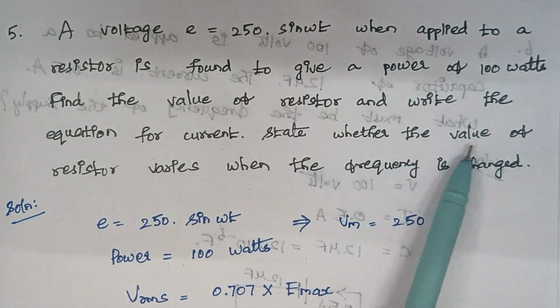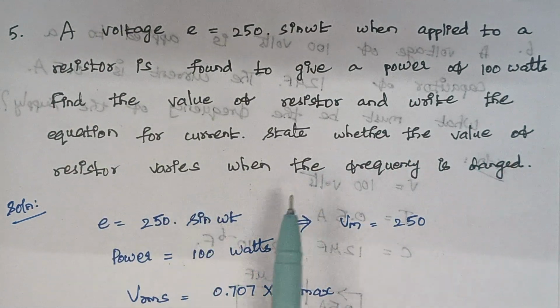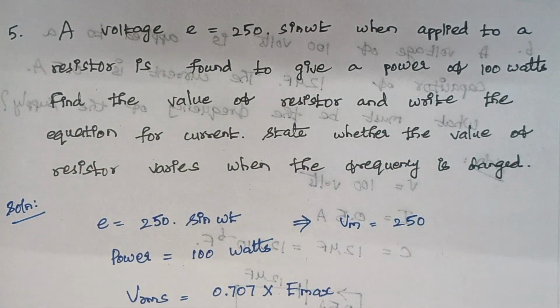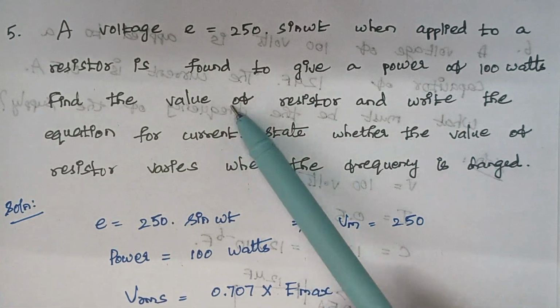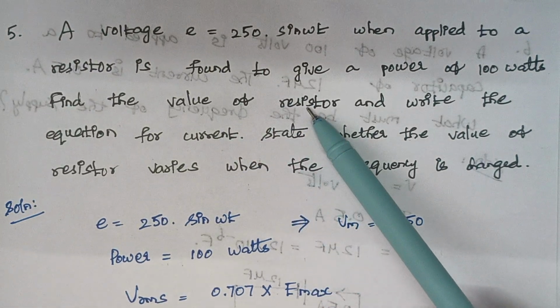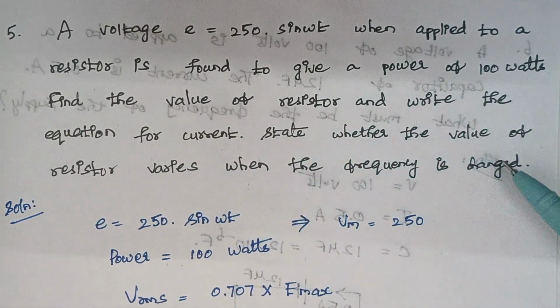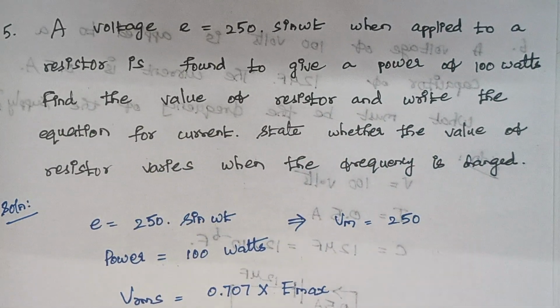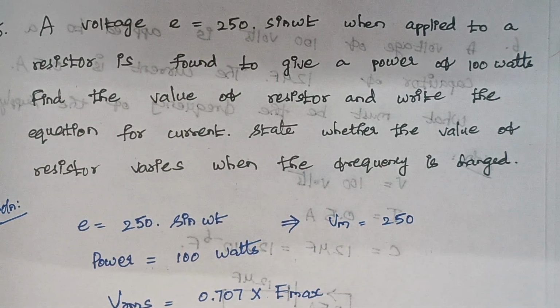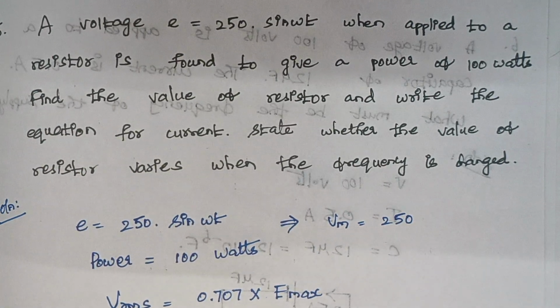State whether the value of resistor varies when the frequency is changed. We need to calculate the value of R, write the expression for current, and when the frequency is changed, analyze whether the value of resistor remains the same or changes.